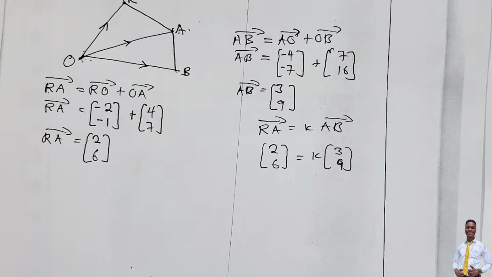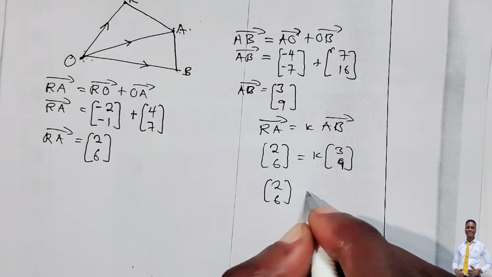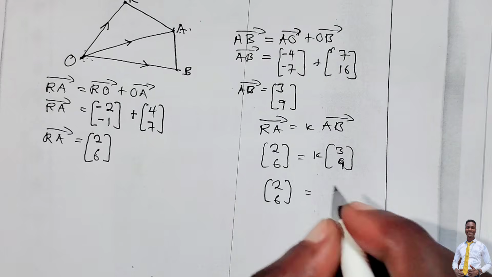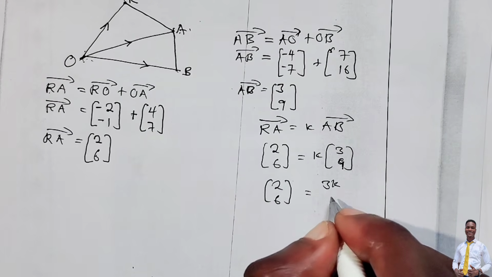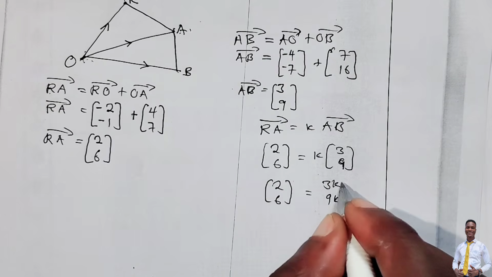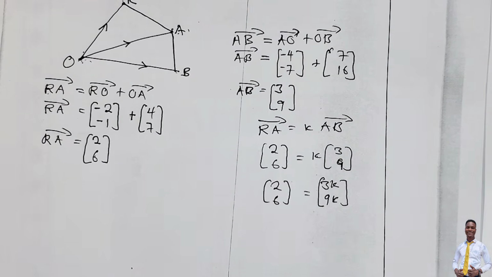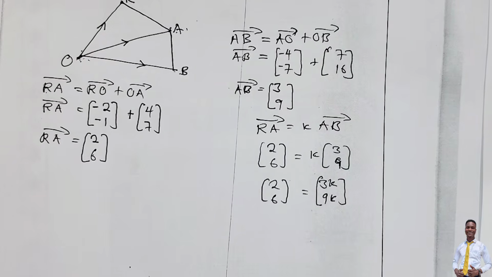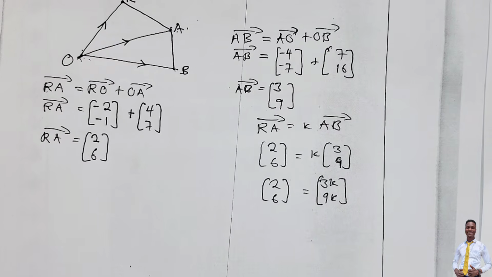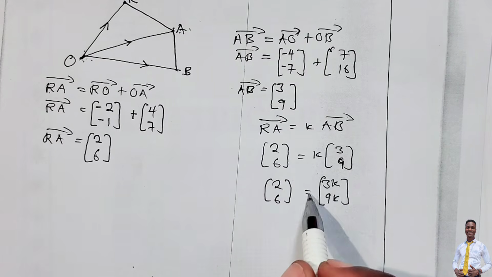So we have 2, 6 equal to 3K on top and K times 9, which is 9K. Now we solve for K. This is very simple. Let's first start with what is on top: 2 is equal to 3K, 6 is equal to 9K.